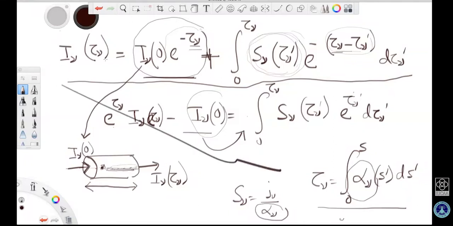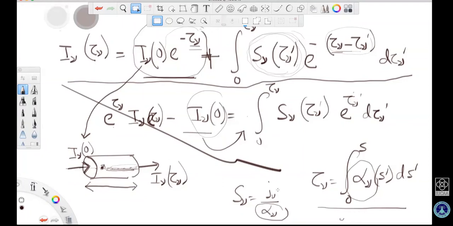Sir, I have a question, sir. Yeah. Sir, in these two terms, in the second term, the S nu, there's also a term e to the power plus tau nu prime. But can I compare this to I nu? You said that S nu is equal to J nu by alpha nu. Yes. This is kind of a source of some radiation inside this volume.